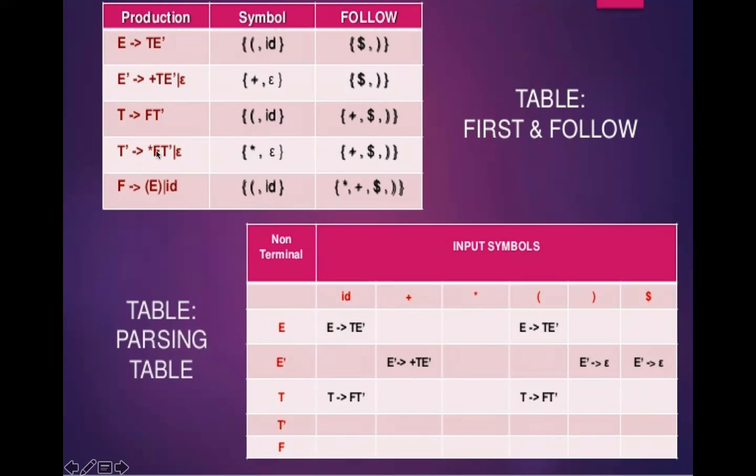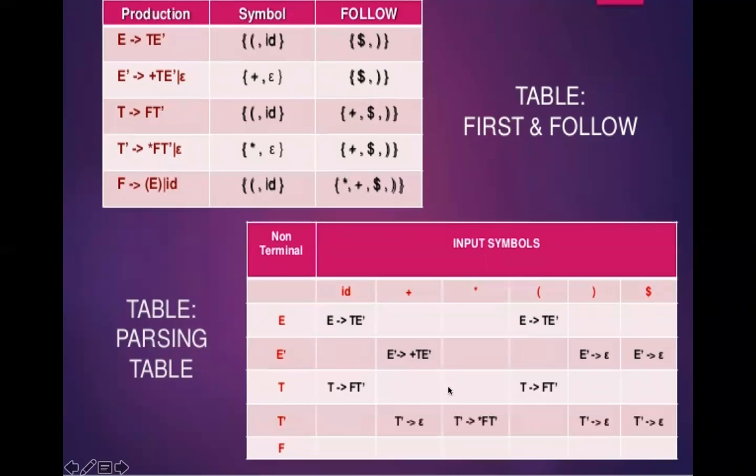Under the star we fill T dash tends to star FT dash. And the remaining epsilon we got in first, so in follow, plus, dollar and closing bracket, we need to fill T dash tends to epsilon.